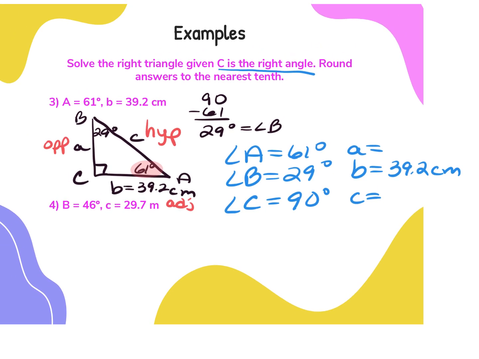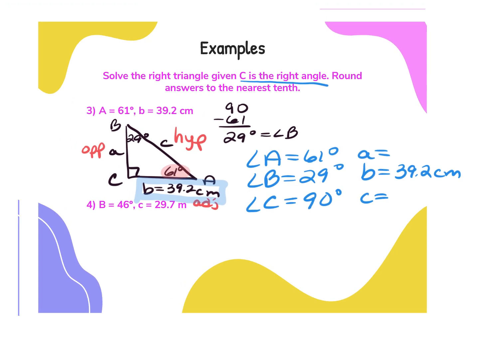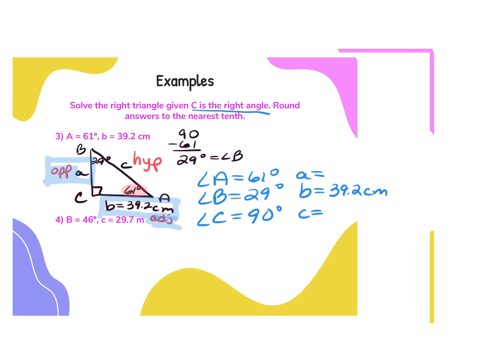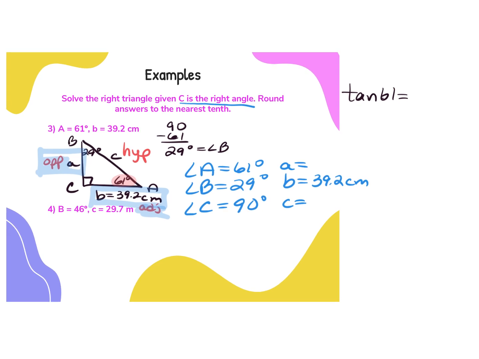So I'm going to be using my given side here, my adjacent side, to find both a and c. So when I first work on finding the opposite side, I got to figure out which trig function is going to use opposite and adjacent, and that's going to be the TOA. So I'm going to be doing tangent of 61 is equal to opposite over adjacent.